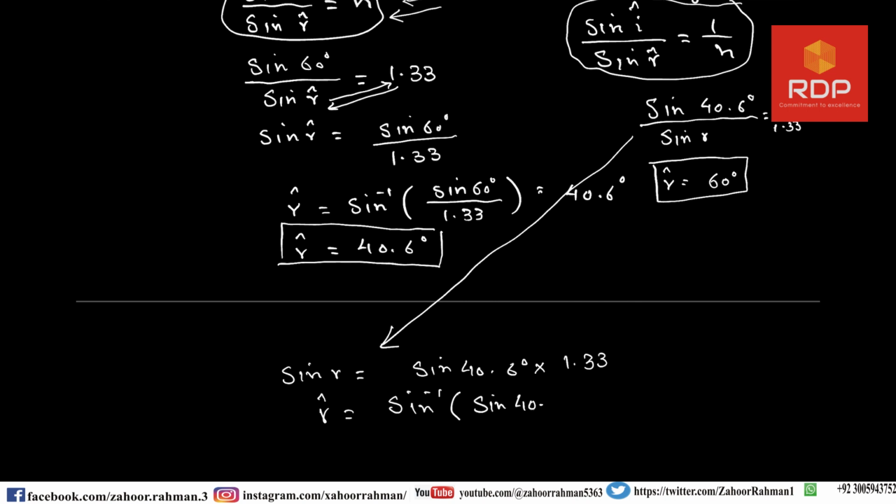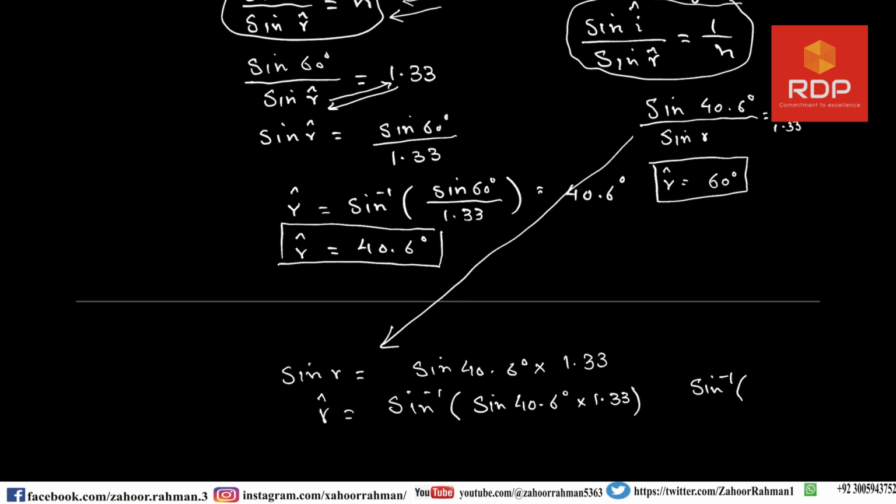There is an option available inside the calculator: when you press the shift key on the top left corner of the calculator and then press the sine, it will give you sine inverse.